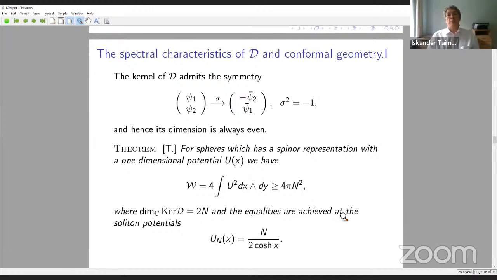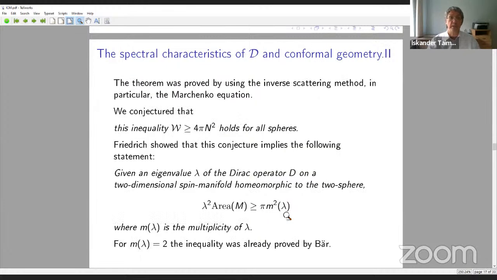What are the spheres with one-dimensional potentials? These are, for instance, spheres of revolution, but there are many others. This theorem was proved by using mathematical physics, the inverse scattering method, in particular the Marchenko equation from this method. I would like to mention that 5 days ago, Marchenko celebrated his 100th birthday.